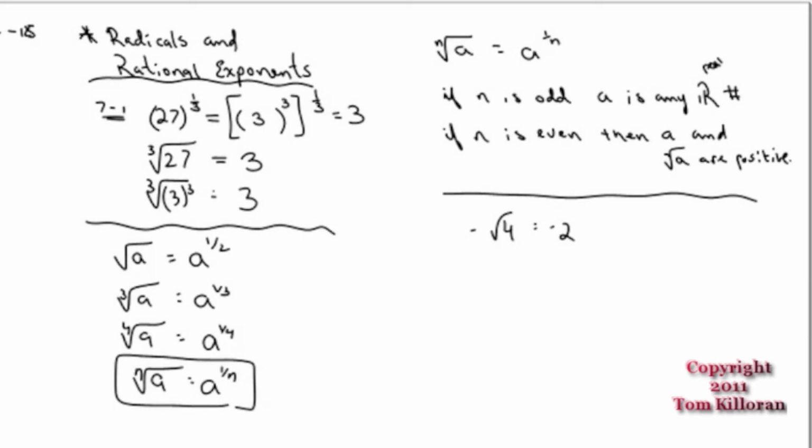All right. So with that nice little rule, we can do some simplification of radicals using rational exponents. For instance, number 40. The sixth root of a to the fifth. And what we're going to do is write it as a rational exponent. In other words, something raised to a power.